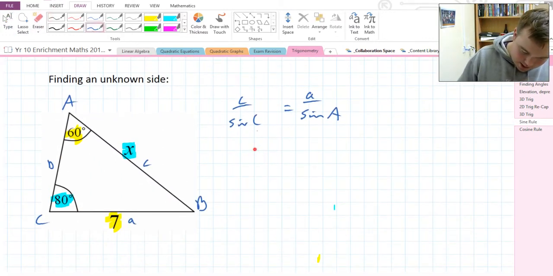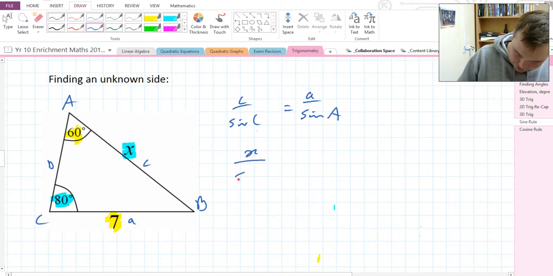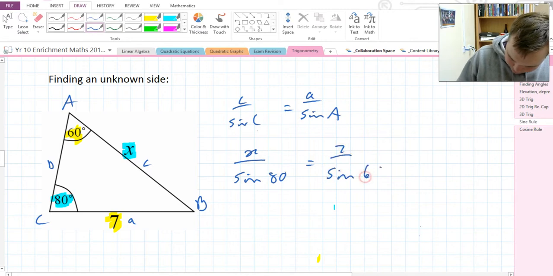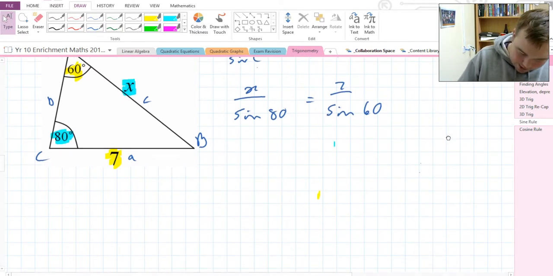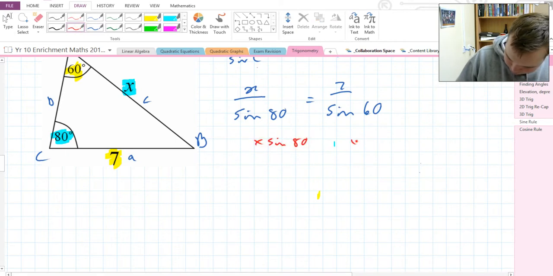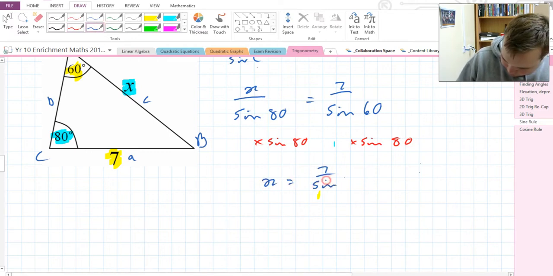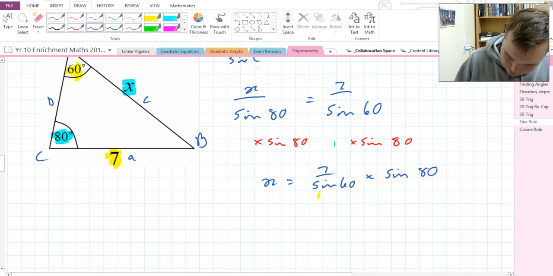Alright, now C we don't know, so it's X over sine 80 is equal to A, we do know, is 7 over sine 60. Solve from here, we want to get X by itself, we very simply multiply by sine 80. X is equal to 7 over sine 60 multiplied by sine 80.